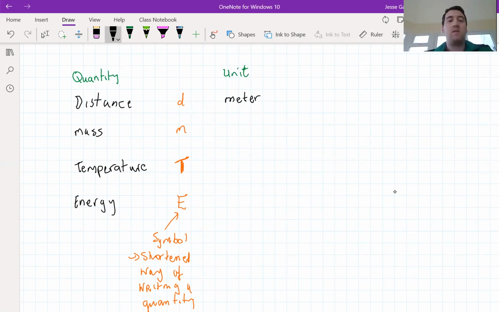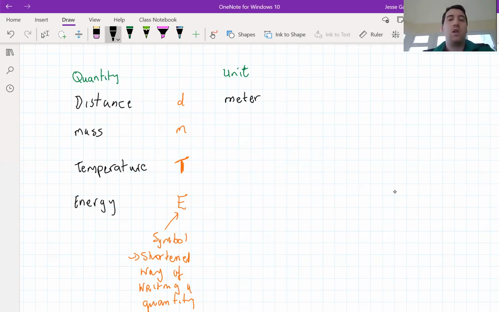So we would use meters to measure distance. So instead of just saying, what's the distance from your house down to the main road, you wouldn't just say, oh, it's 5, because that doesn't really tell people what you're talking about. You need to say 5 meters. Okay, so it's 5 meters from my front door to the road. That lets people know straight away, okay, it's 5, and they're talking about distance, so it's meters.